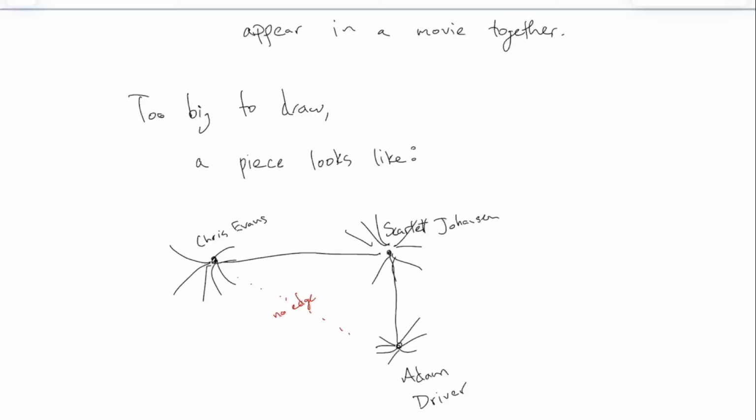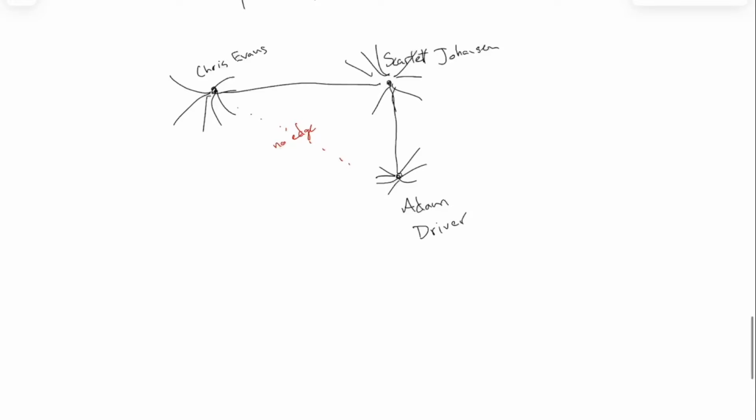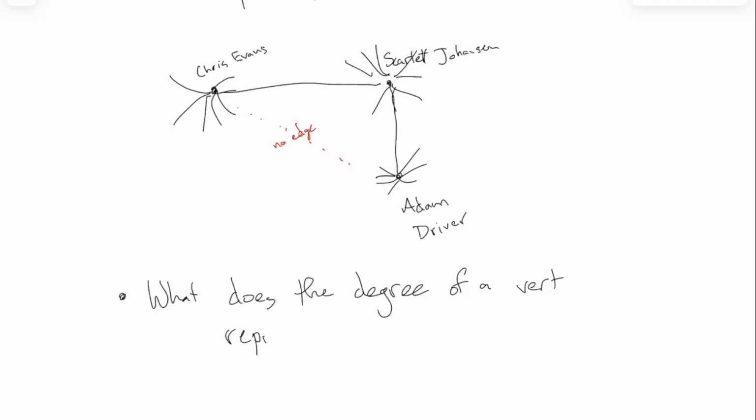All right? The true graph is way too big to draw the whole thing, but this is basically what it looks like. Can we try to answer some questions then about this graph? Some basic questions. Here's a question: what does the degree of a vertex represent in this graph?